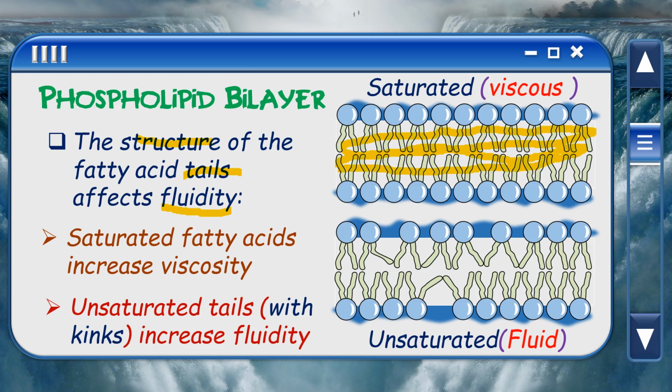Whereas here, these fatty acid tails are unsaturated, and therefore they form what we call kinks. These increase the fluidity of the bilayer or of our membrane. So it becomes more or less like a fluid because of the unsaturated tails.